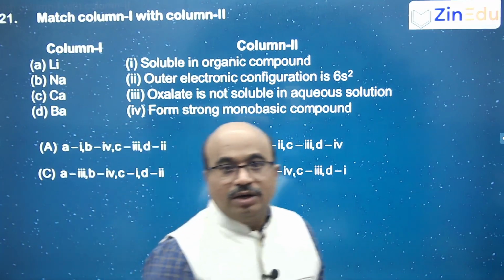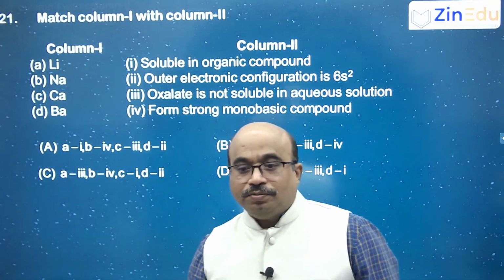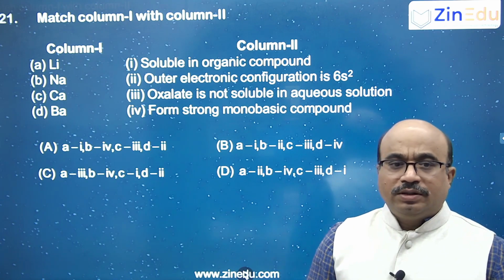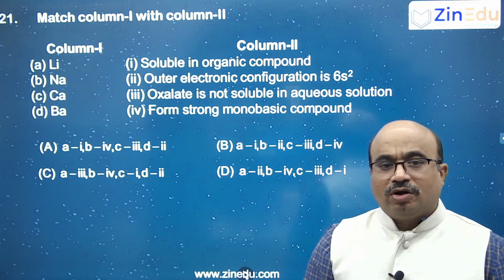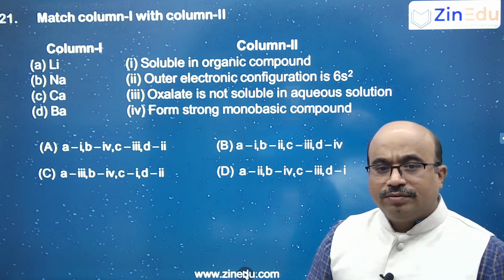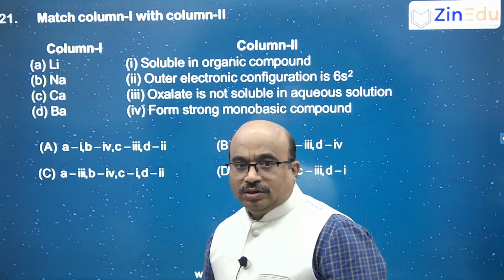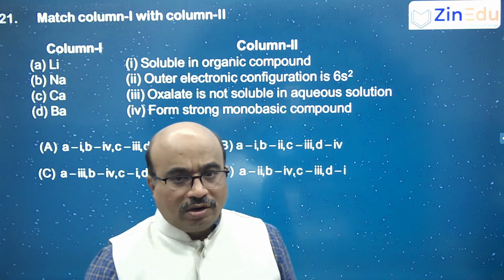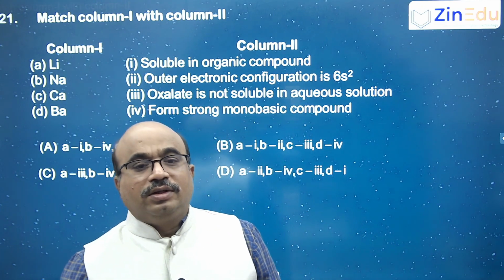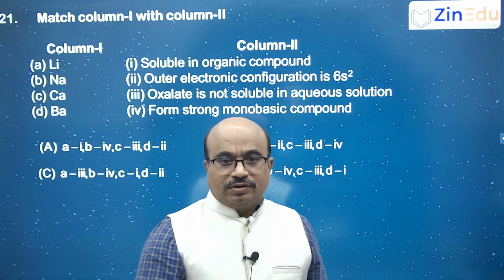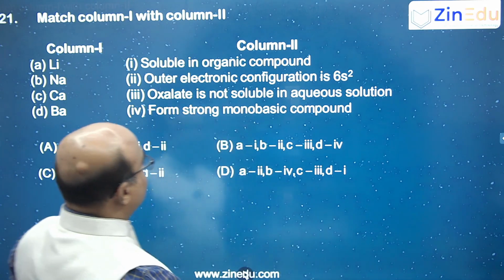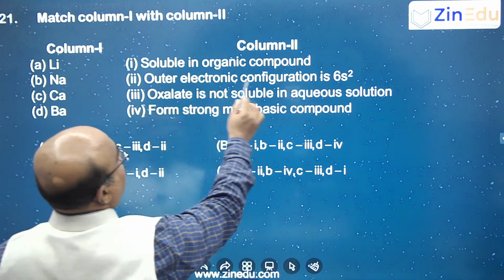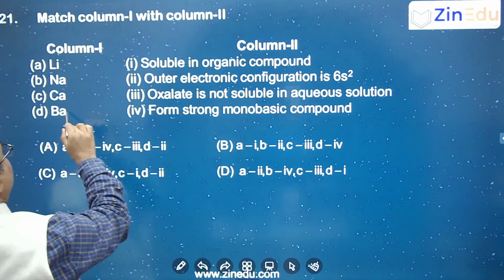Then match column 1 and column 2. Lithium, sodium, calcium, barium. Column 2 has: soluble in organic compound, outer electronic configuration is just 2, oxalate is not soluble in aqueous solution, and forms strong monobasic compound. Outer electronic configuration is 6s2, that is for barium.